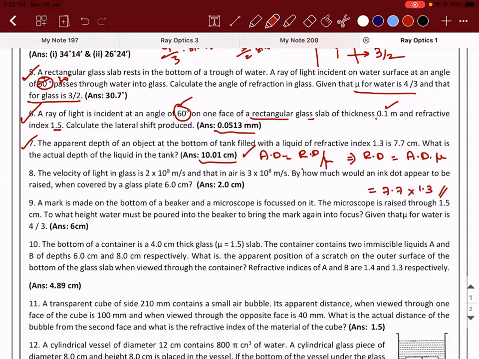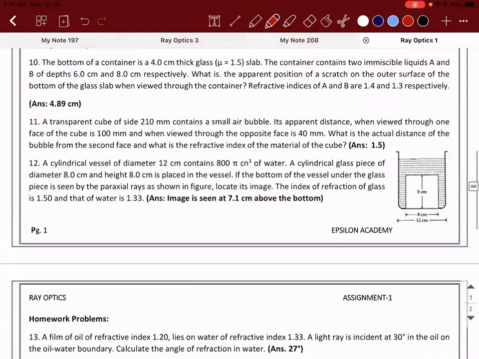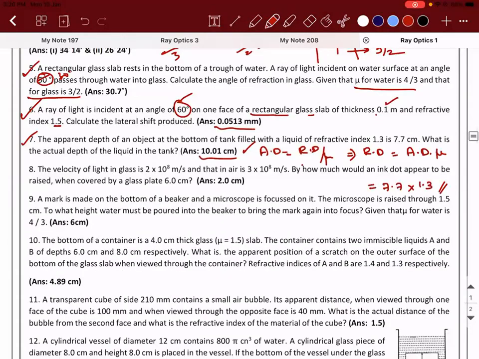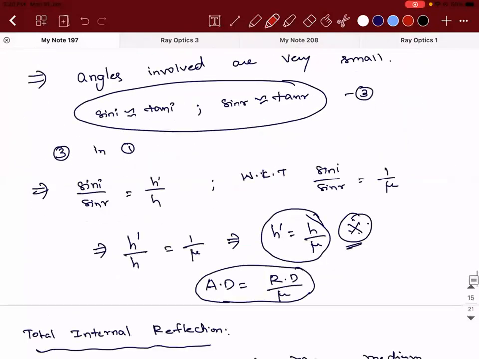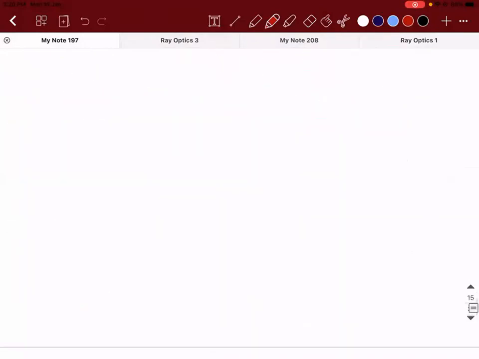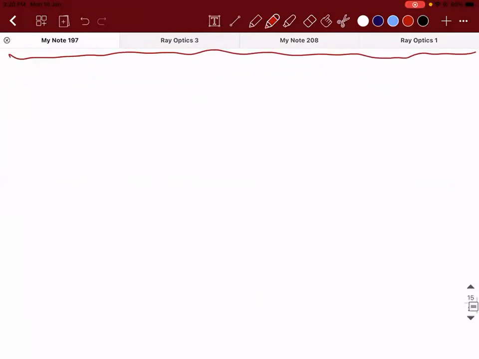Okay. So these are some kinds of problems which are based on the concept of real depth and apparent depth. So with this in mind, we will move on to the next topic, that is refraction through spherical surface. So write it down.